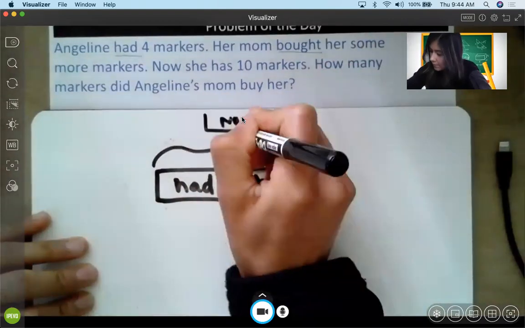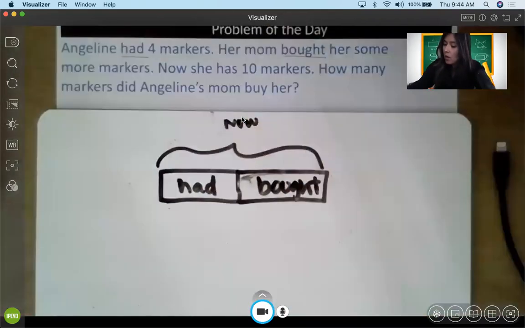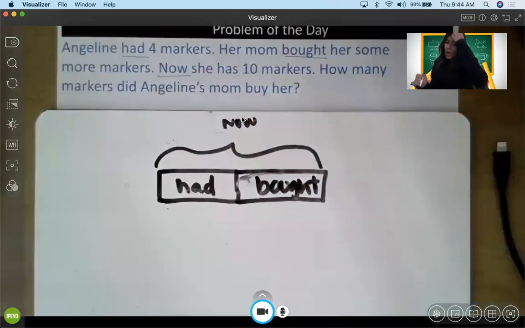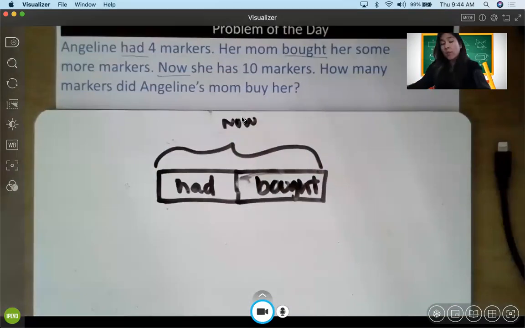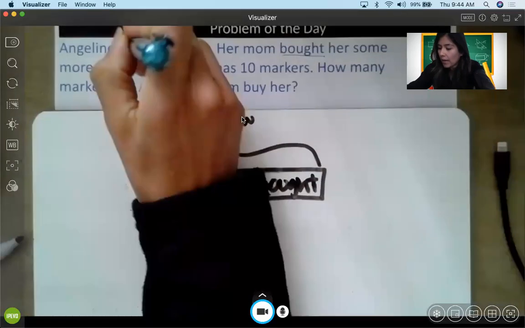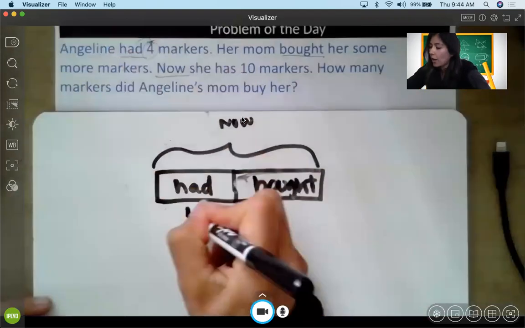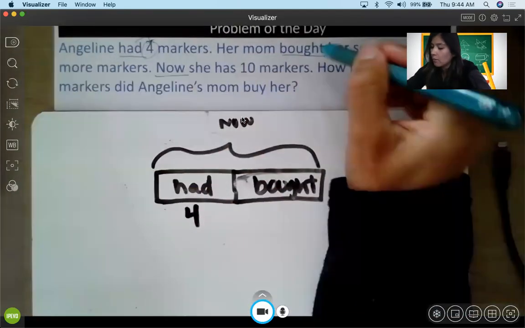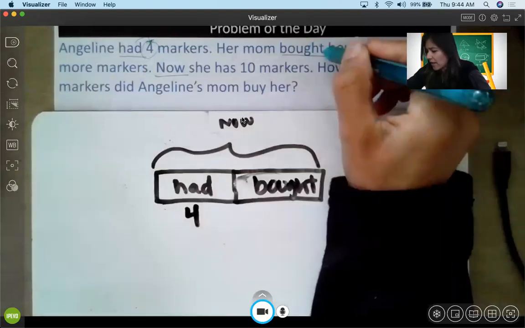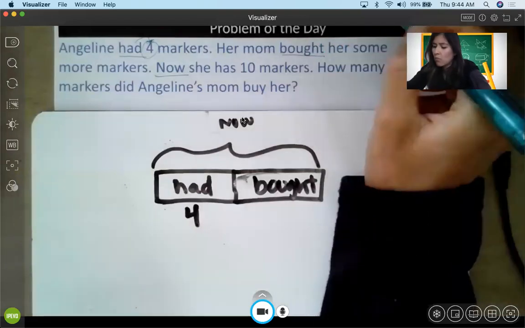Now, all right, so now we're going to go ahead and label, add the values to it, okay? So Angeline had, do we know how many she had? Let's see, she had, right here, she had 4. Then her mom bought her some more.